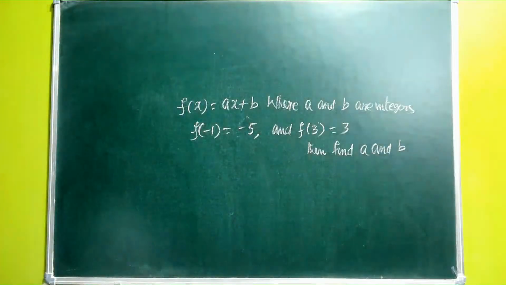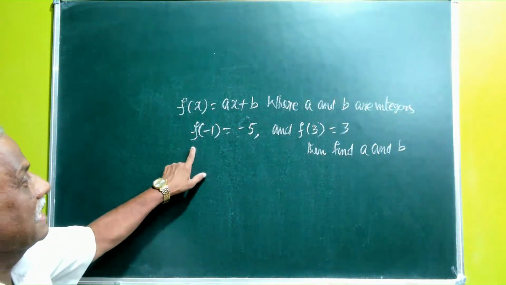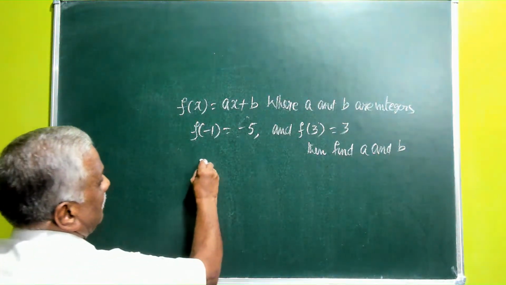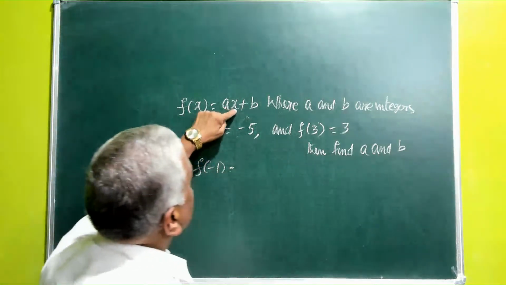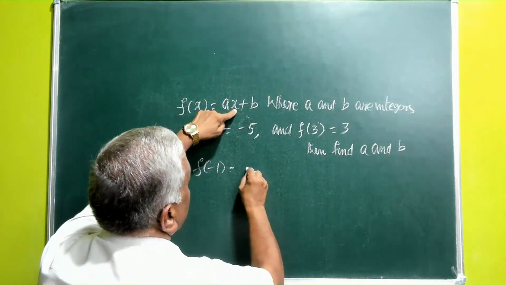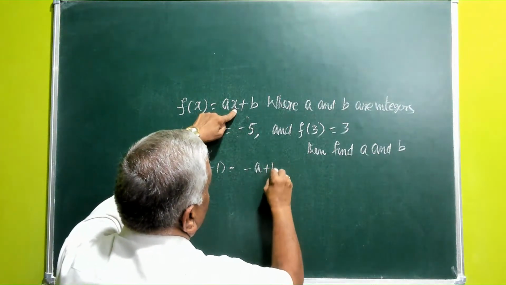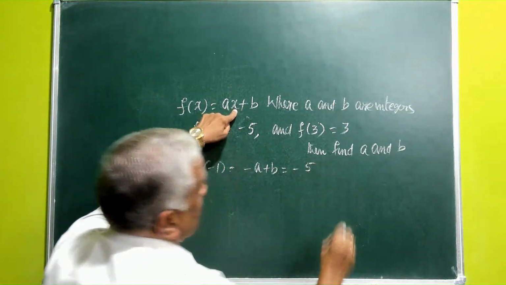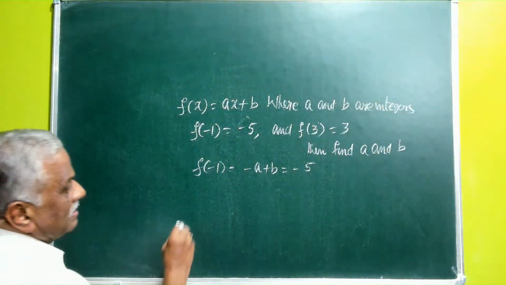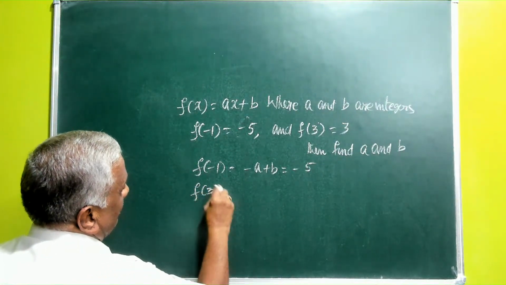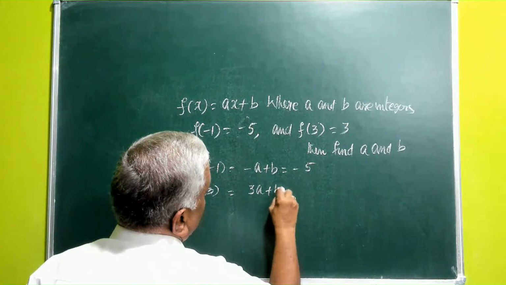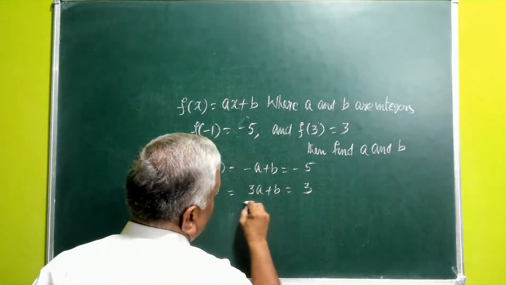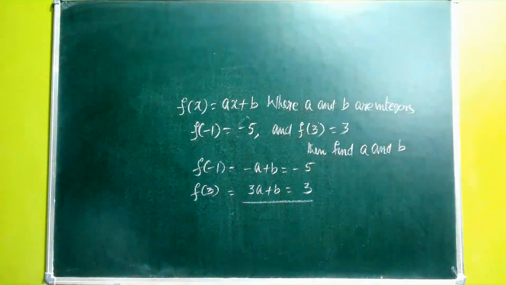Not a difficult problem. You have got to analyze what f of minus 1 is. F of minus 1 is equal to, you are putting in place of x minus 1, you get minus a plus b. That is given to be minus 5. What is f of 3? You calculate, that is 3a plus b. That is equal to 3. This is a simultaneous equation problem.